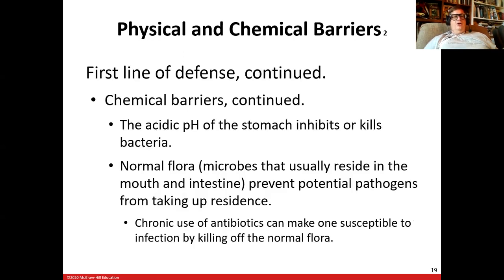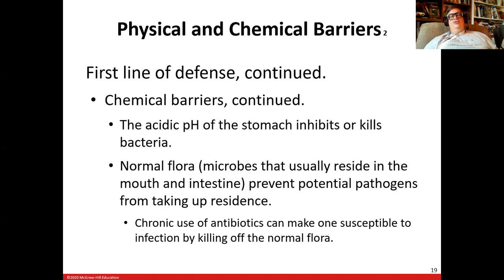All right, so more chemical barriers. The acid in the stomach can inhibit or kill bacteria. I already told you, in the respiratory system, we pass things up to swallow into the stomach to kill. Well, that's reasonable. Now it says normal flora, microbes that reside in the mouth and intestine, prevent potential pathogens from taking up residence.